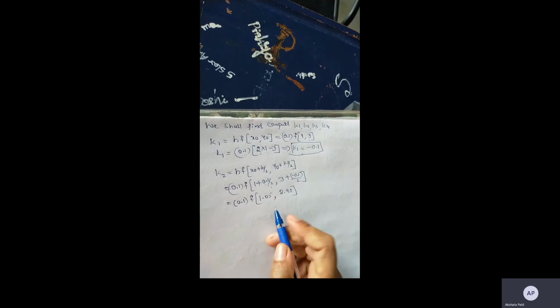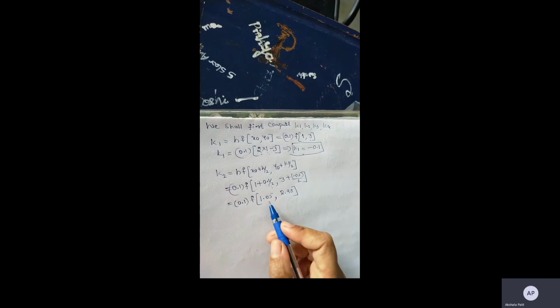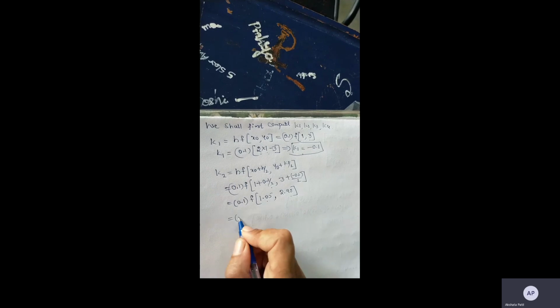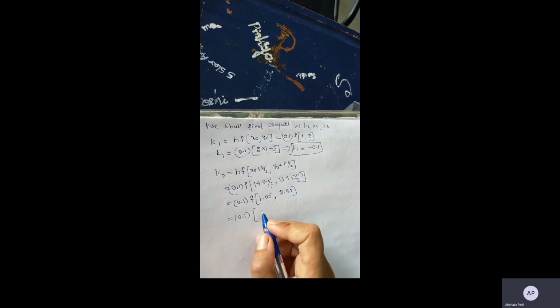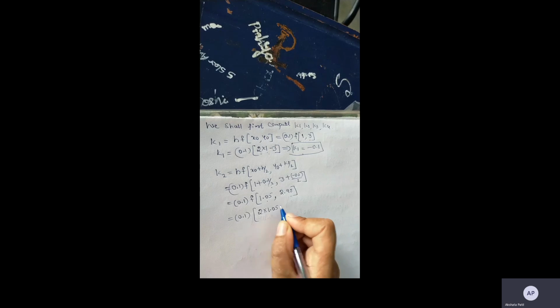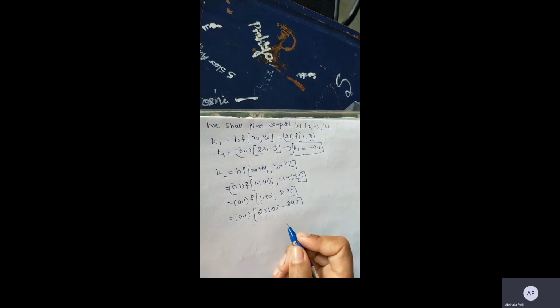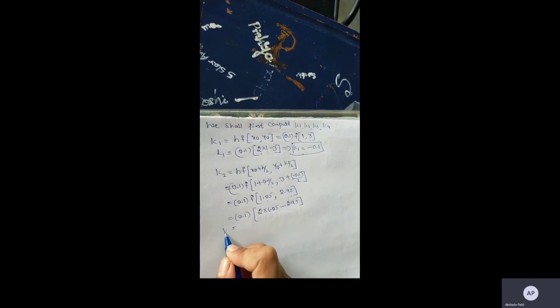Use the new x0 and y0 values once again in the given differential equation: 0.1 into 2 into 1.05 minus 2.95. After simplification, k2 equals minus 0.085.